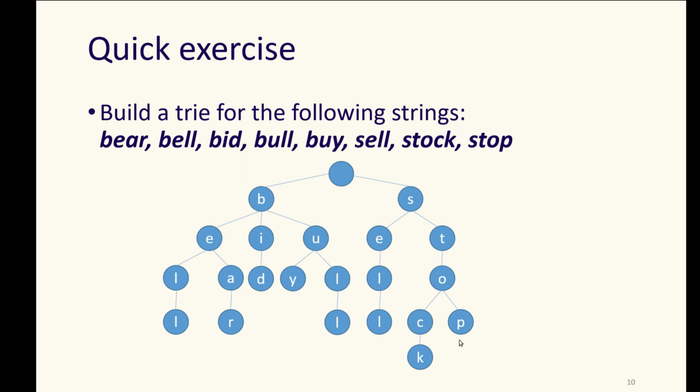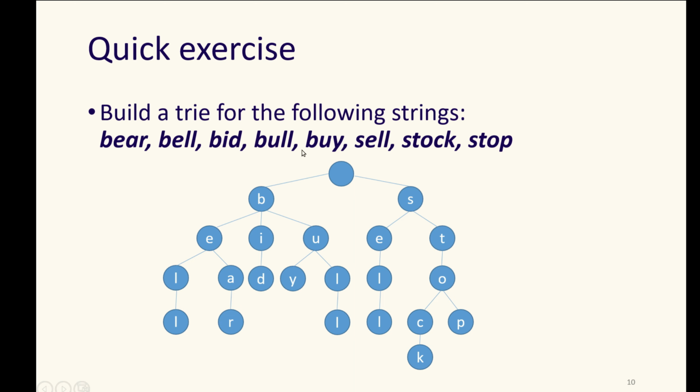So here's an exercise for a few more keys that are a little longer than the ones we looked at before. If we needed to build a trie for these following strings, then we actually can build the trie word by word, where, for example, if we saw the word bear, then we could build it by having the root, starting a node for B, then building underneath that a node for E, and underneath that a node for A, and underneath that a node for R. And that would build part of our trie out for us.